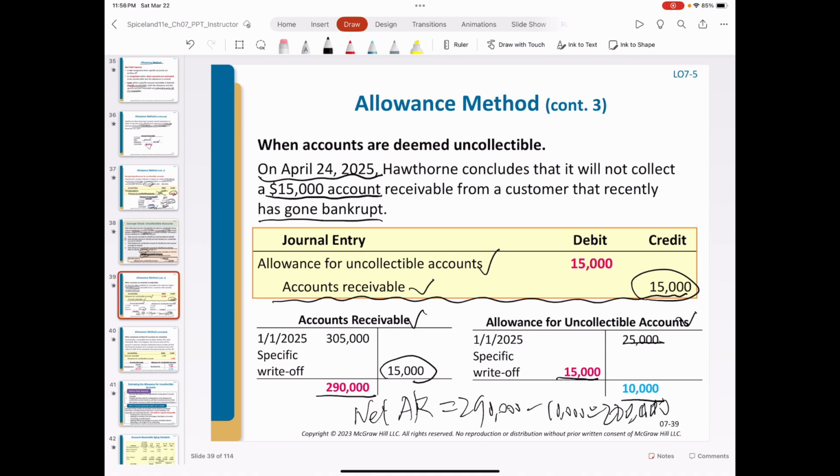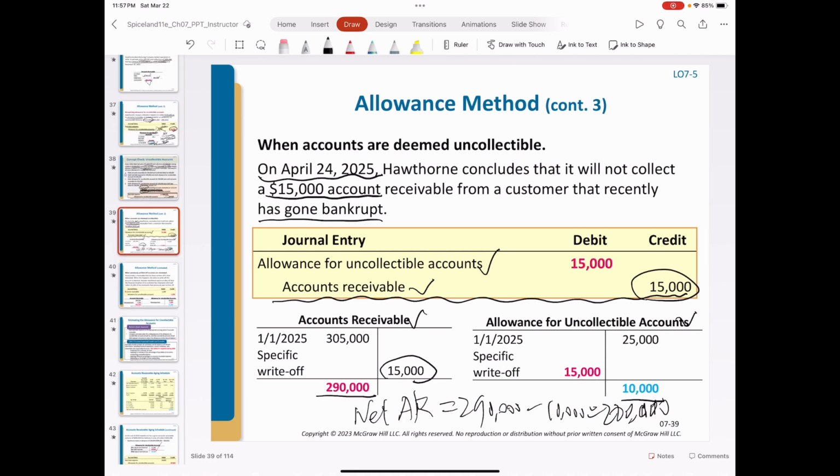In other words, this write-off journal entry does not have an impact on assets balance and expenses. For accounts receivable, this journal entry writes off the accounts receivable directly. For the allowance for uncollectible accounts, the estimate becomes real. So we reduce this balance by $15,000. In other words, there are only $10,000 left as an estimate to be uncollectible.